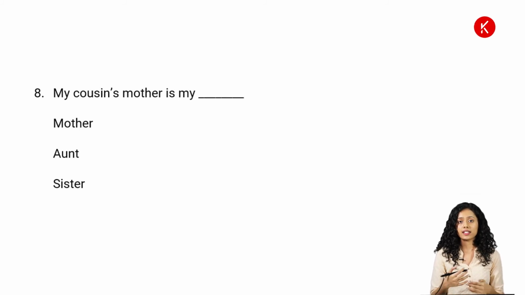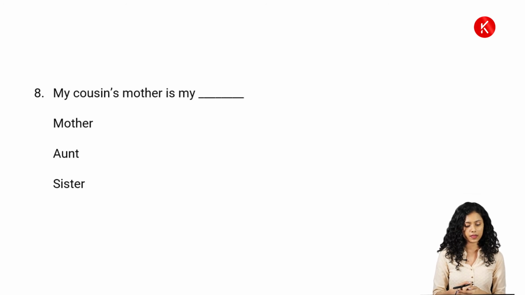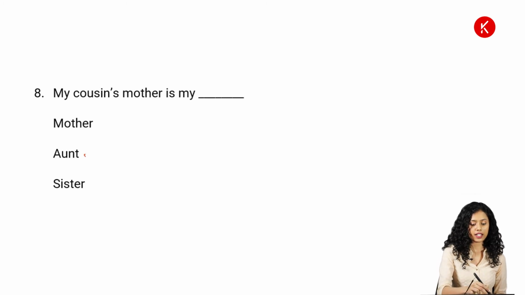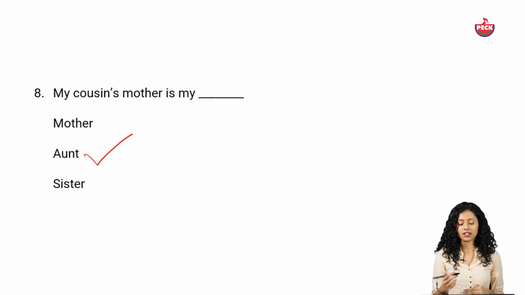Is she my mother? Is she my aunt? Or is she my sister? Now who is my cousin first? It is my mother's sister's daughter. So my cousin's mother would be my mother's sister, which is my aunt. So my cousin's mother is my aunt.